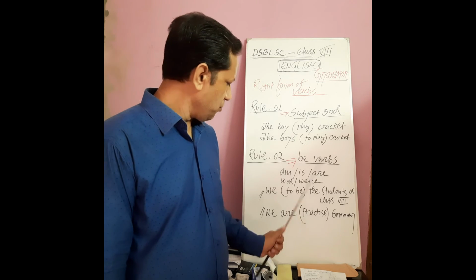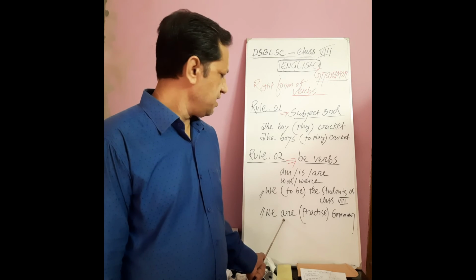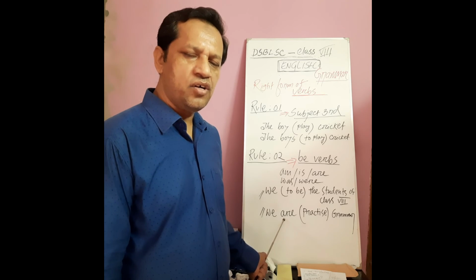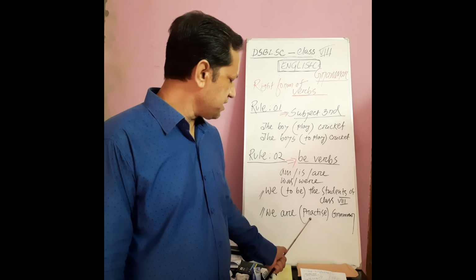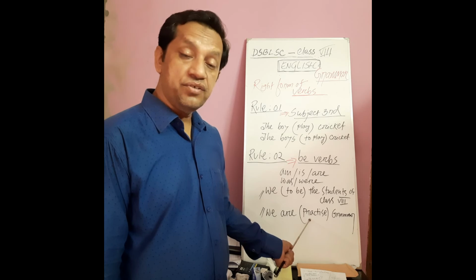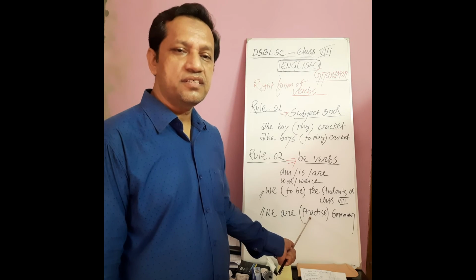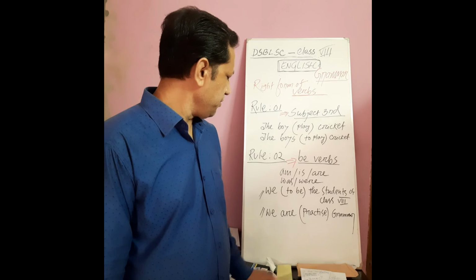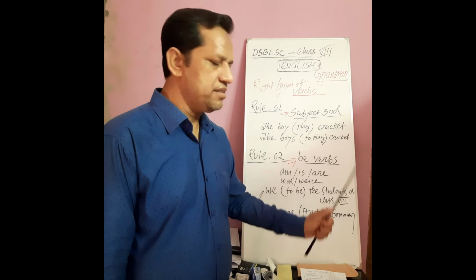That's why we have to think are here has been used as an auxiliary verb, and here practice is another verb which will be used as the main verb. That's why we are practicing grammar.